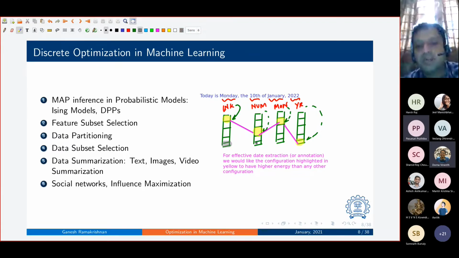So maybe this is another configuration, a very dull configuration, saying that Monday is a verb, 10th is a verb. Deliberately I'm just giving a very stupid one. This is saying that this is a verb, whereas the first one said it is a week. Likewise, in the second case, this is a num, whereas my dull configuration said this was again a verb.